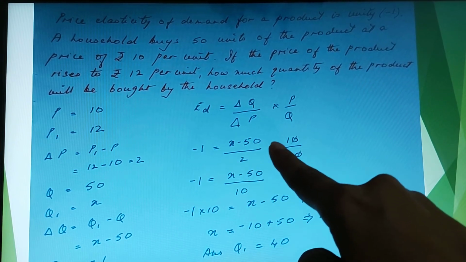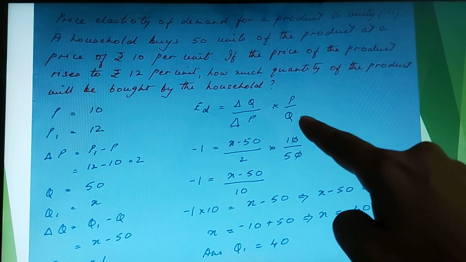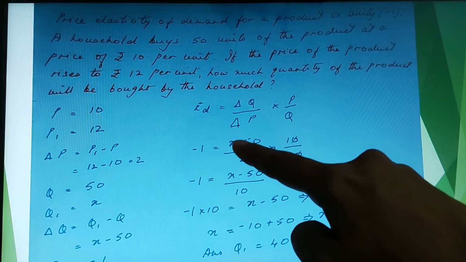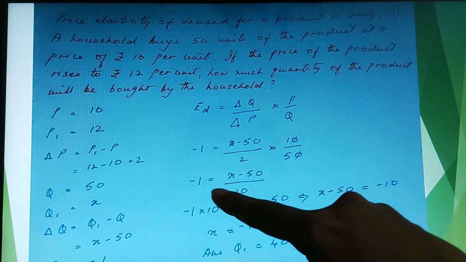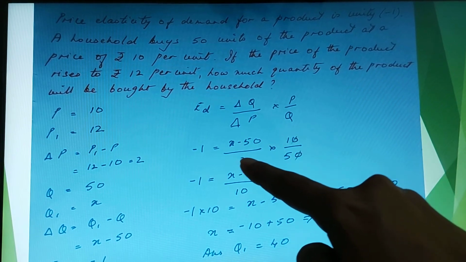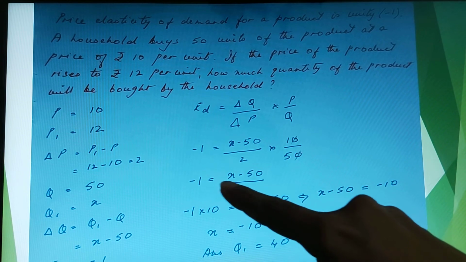Upon 2, into 10 upon 50. So we'll cancel the zeros. So what do we have? Minus 1 is equal to X minus 50 upon, we'll multiply this 2 and 5. So what do we get? 10. Now we'll take this 10 this side.